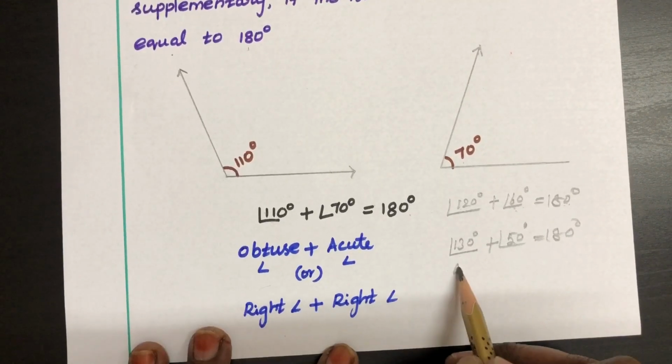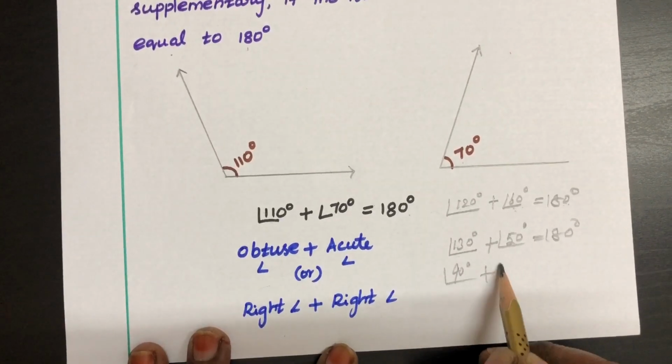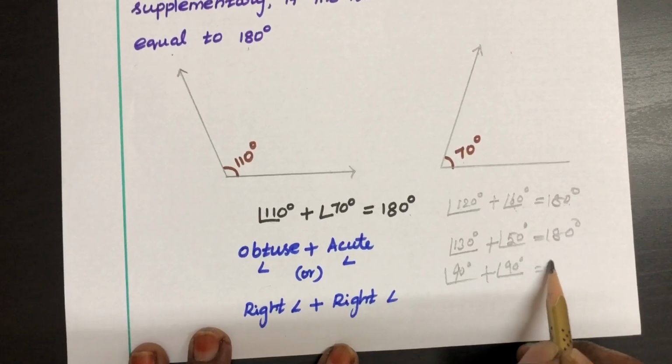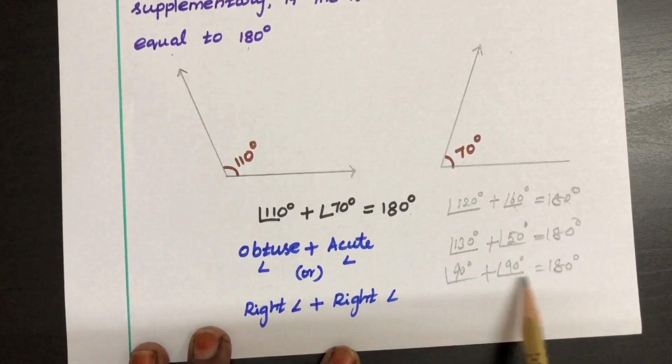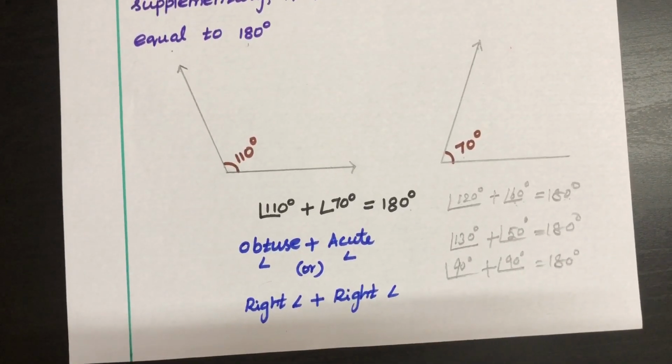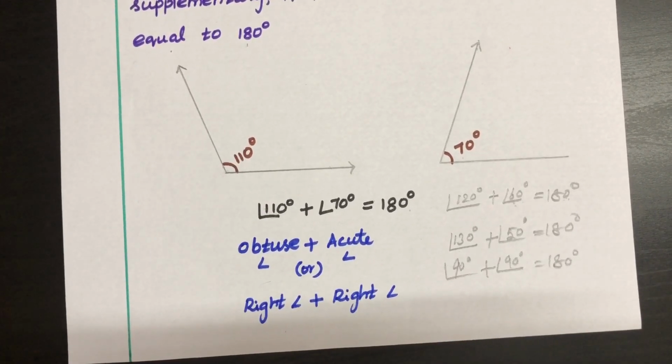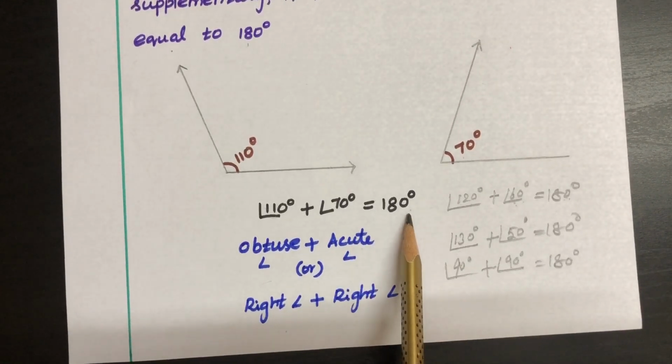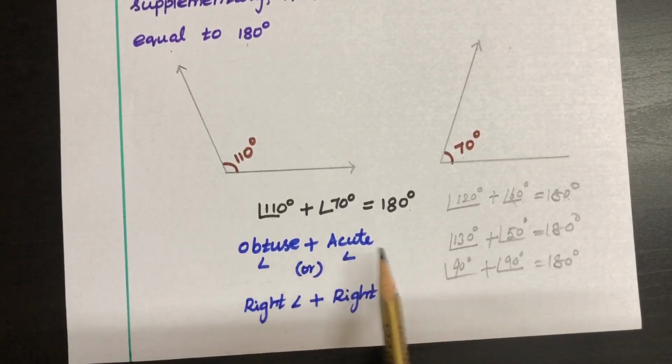Even 90 degree. See here, 90 degree plus 90 degree gives you 180 degree. So these also make a supplementary pair of angles. So supplementary means one obtuse angle and one acute angle which will give you 180 degree. Not all the obtuse and acute angle.